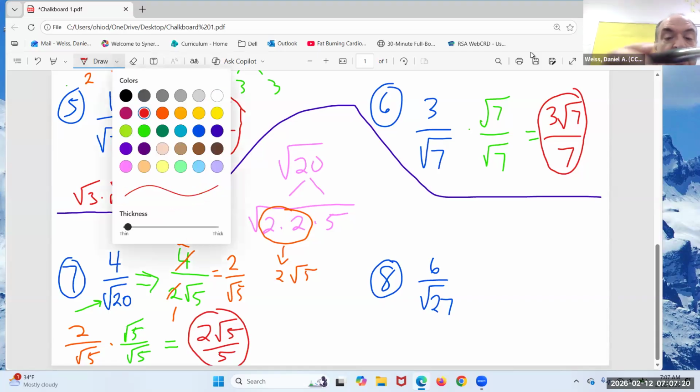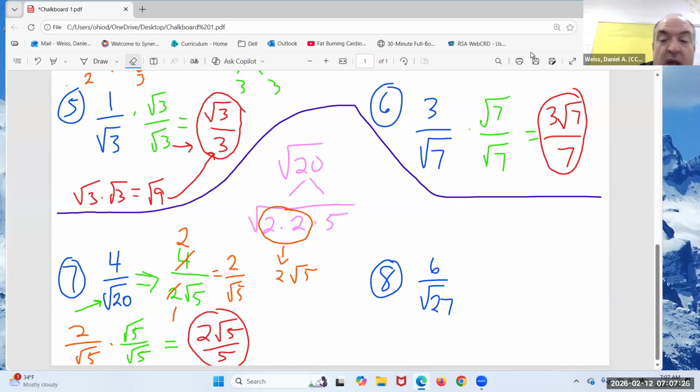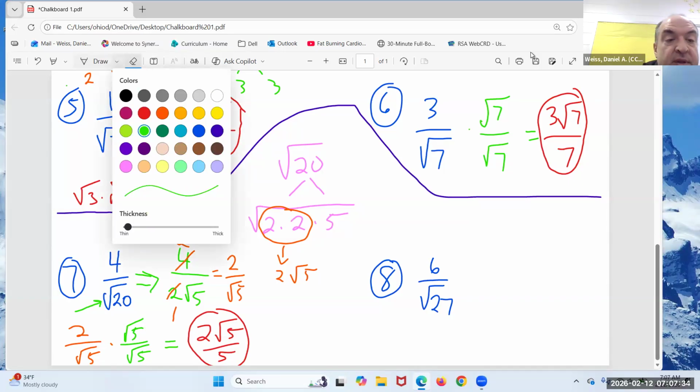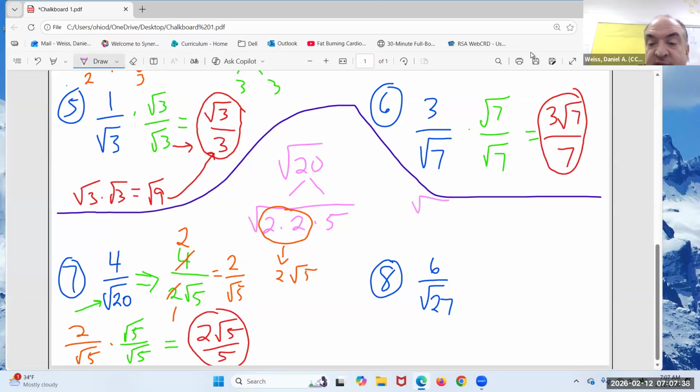So over here, I'm going to break down 27. In fact, here's 27. Square root of 27. That's going to be square root of 3 times 3 times 3.